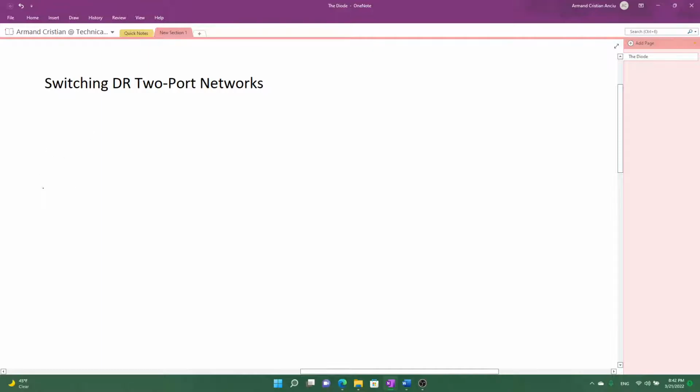The general model of such a network looks like this. So we have a voltage source that is connected to the input of our DR two-port network.